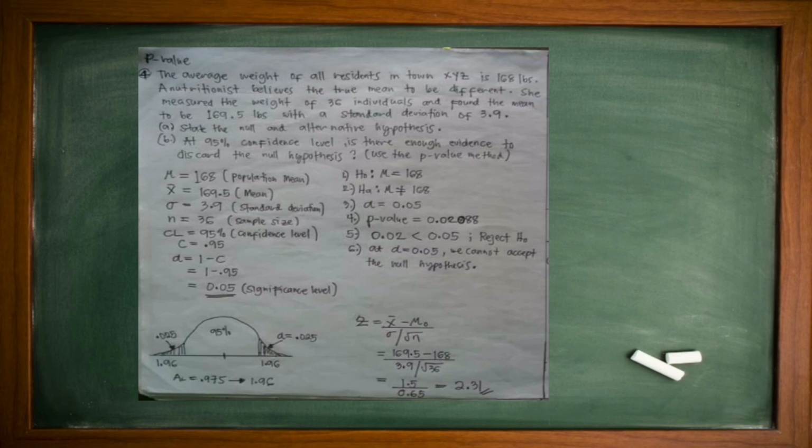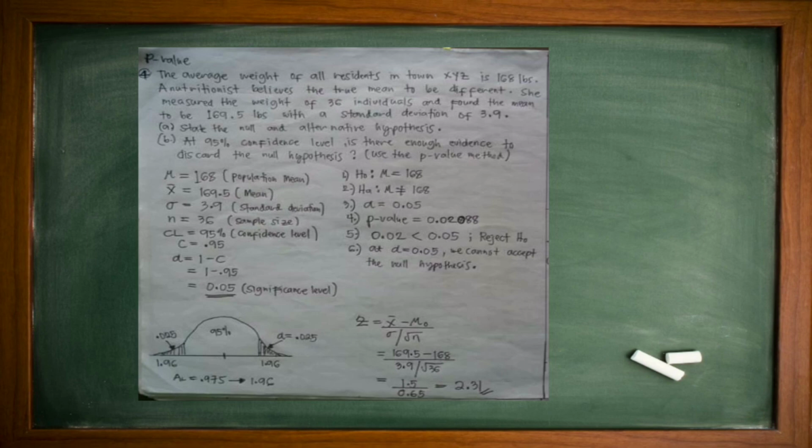Okay, so to find po the significance level or the alpha value, first, we have to convert 95% to decimal. So, magiging po siyang 0.95. And then, to find the alpha value, we have the formula alpha equals 1 minus c.